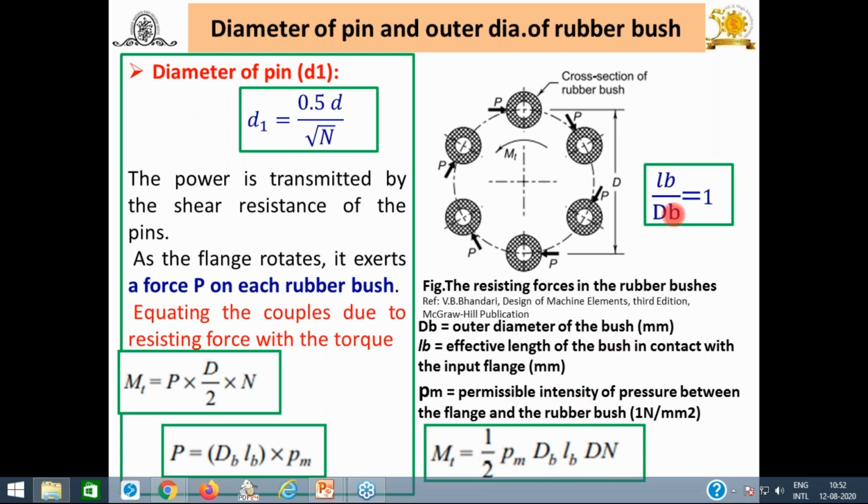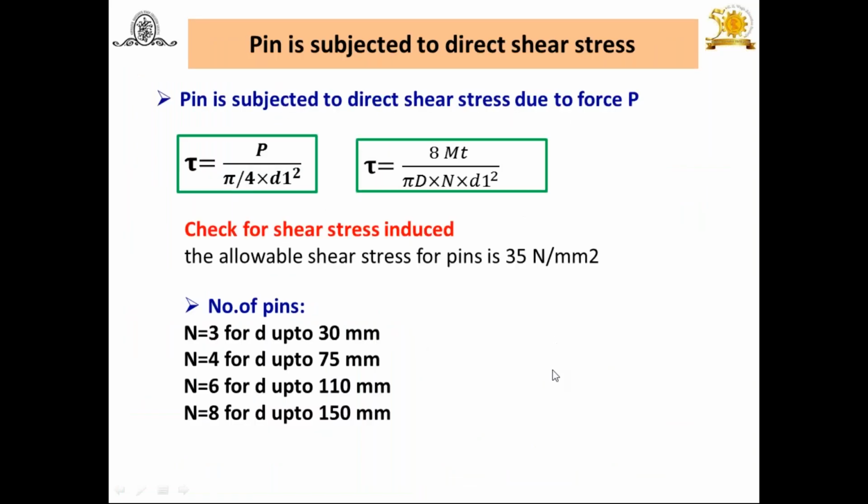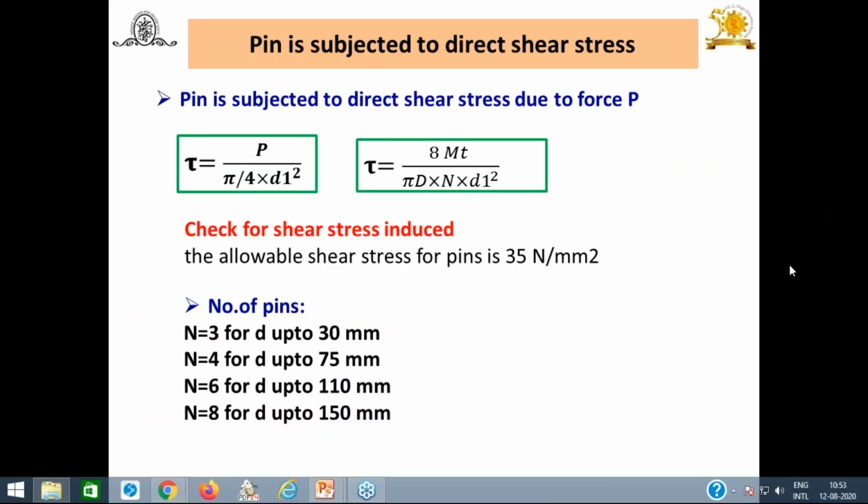By using this analysis, you will find the nominal diameter of the pin, and the outer diameter of the bush dB or length of the bush LB by referring to this relation. Try to understand. This is about the diameter of the pin and the diameter of the rubber bush. But here, what is going to happen?